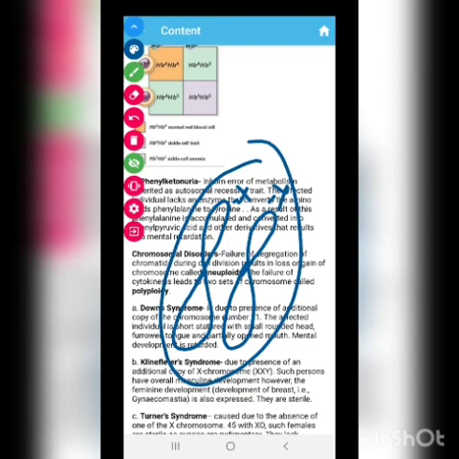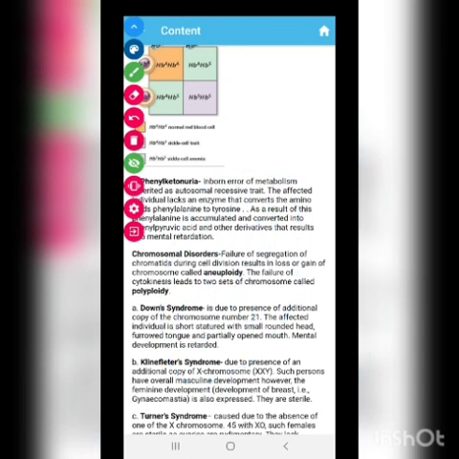In people suffering from Klinefelter syndrome, there is one extra copy of X. Such a person is mostly masculine, but feminine development also takes place, such as development of breast, which is known as gynecomastia. These characters are also expressed in such people. Persons with Klinefelter syndrome are sterile and unable to produce children.